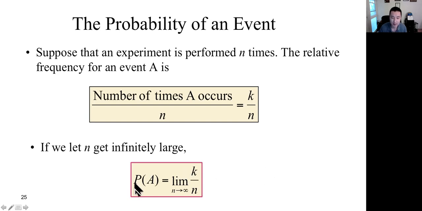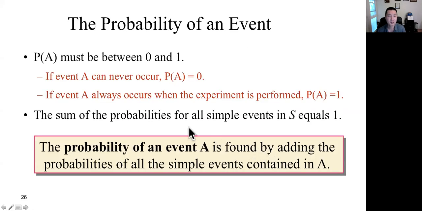So P(A), the probability of event A, is defined as k over n when n approaches infinity. And because P(A) is a probability, it is a number between 0 and 1.